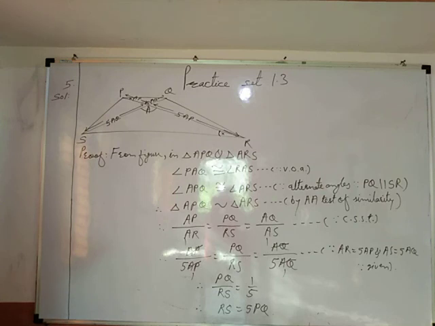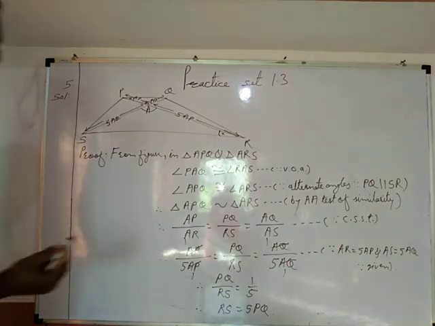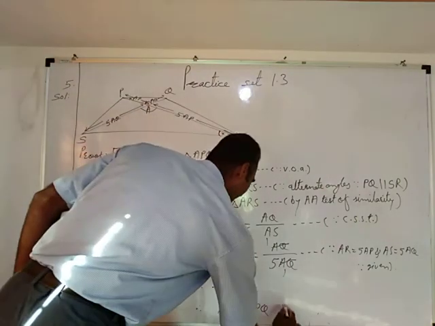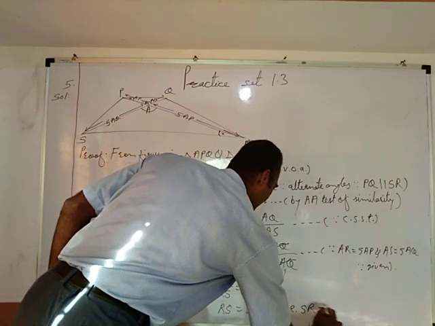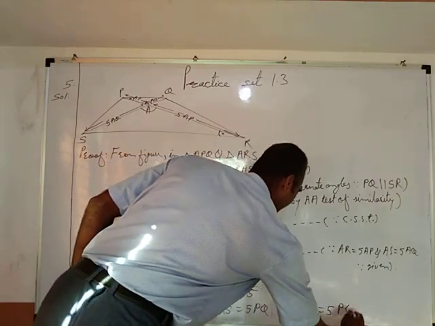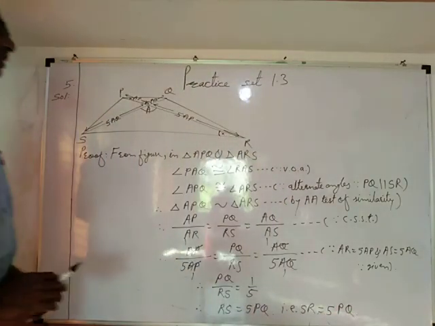That is, SR equals 5 times PQ. Hence the proof.